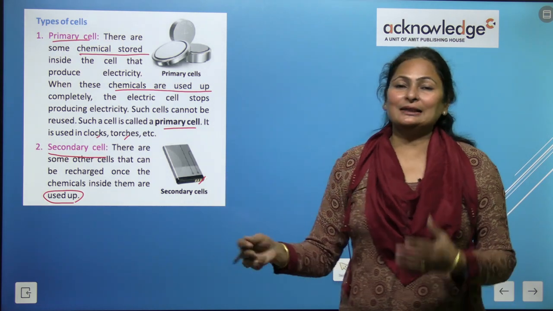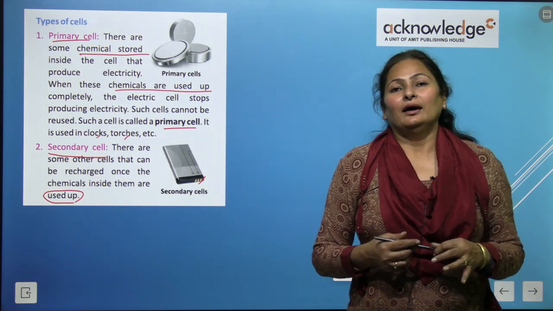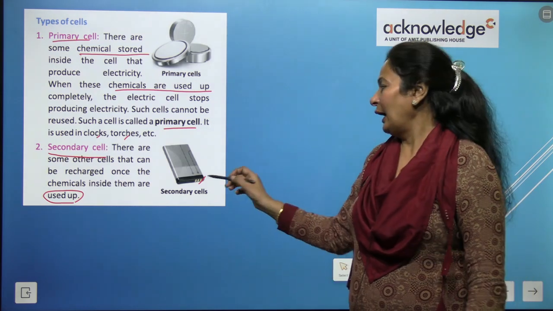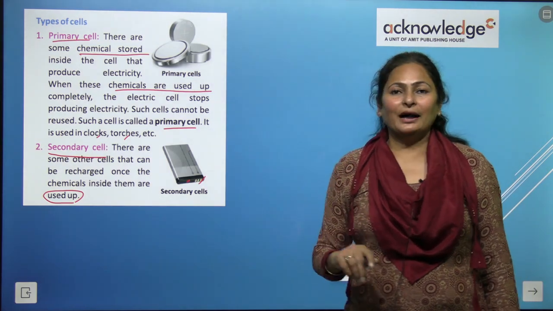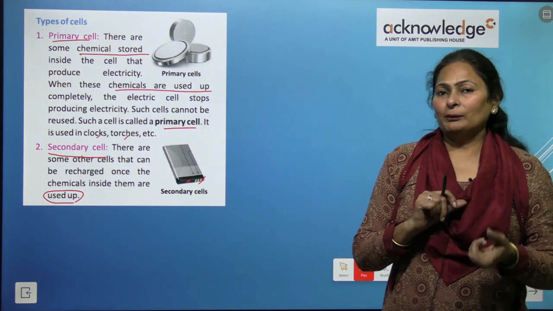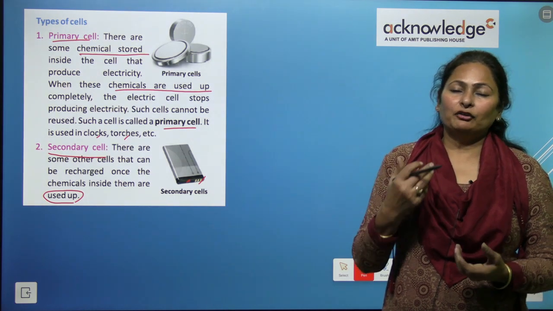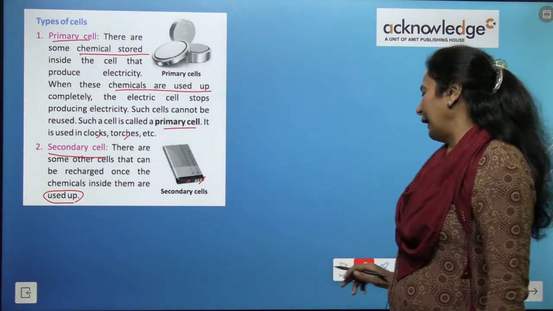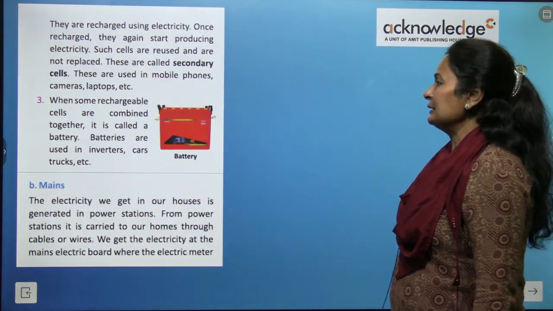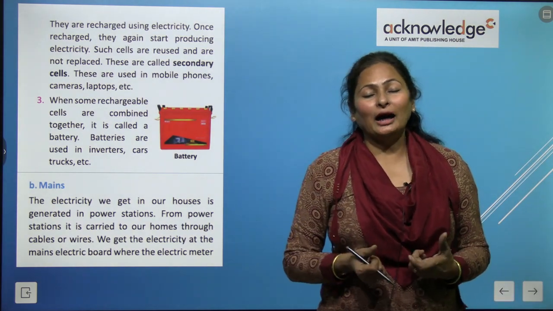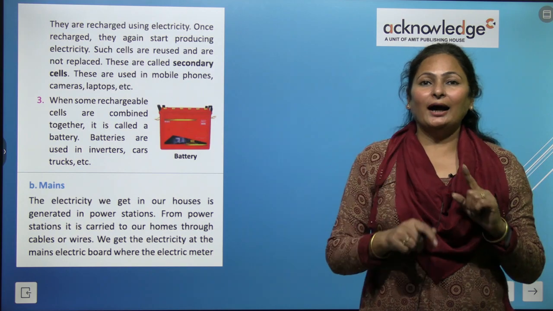But the mobiles that were there 2-3 years ago had this kind of battery. You could open the flip of the mobile, take it out and change the battery. This is called the secondary battery. The working is the same whether you are changing it or not, but you have to charge it.